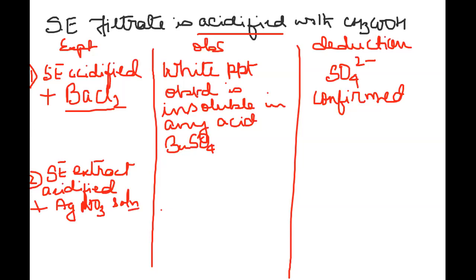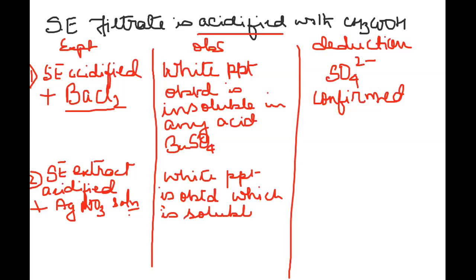If chloride is present, a white PPT is obtained, which is soluble in excess of ammonium hydroxide. These tests you have to remember. And if this is there, then I will write chloride ions confirmed.